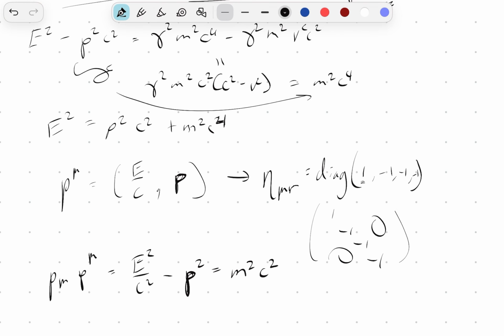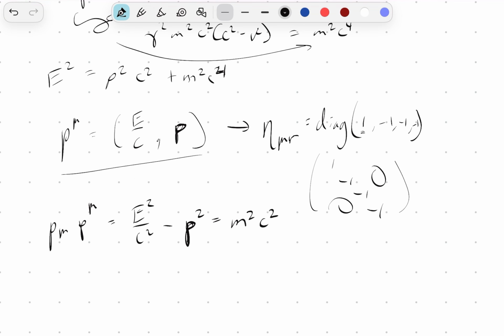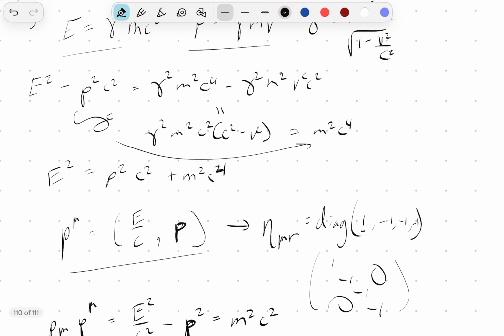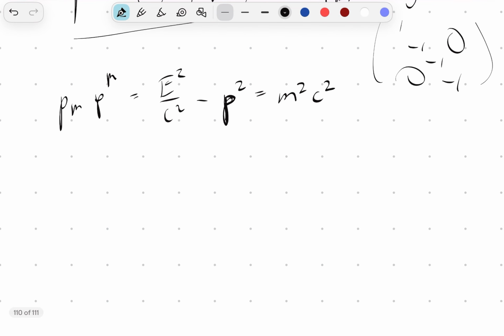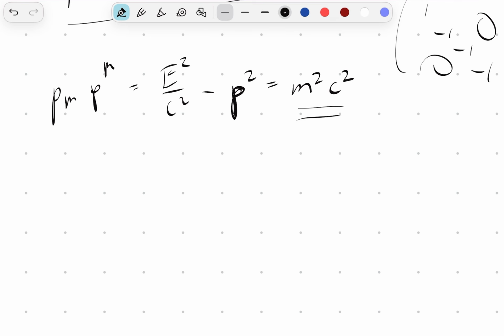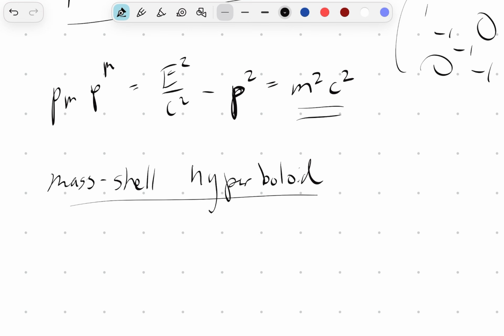And so from this 4-momentum, we're able to use the relativistic dispersion relation that we derived previously. What this means is, because all of the observers agree on the value of this Lorentz invariant scalar quantity after contracting our 4-momentums, the particle is going to live on something called the mass shell hyperboloid. And you can look up a picture of this.